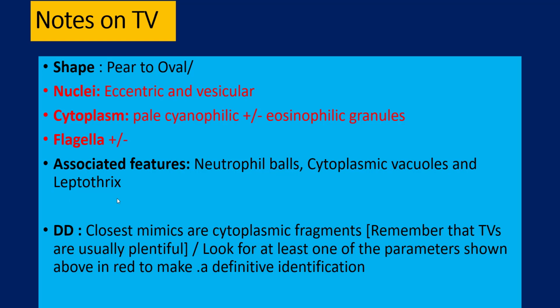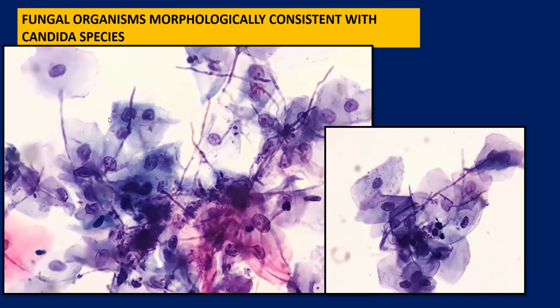As far as the differential diagnosis is concerned, cytoplasmic fragments are the closest, but remember Trichomonas vaginalis are usually plentiful, and one should look for at least one of the parameters shown above in red. So you see eccentric nuclei, eosinophilic granules, or flagella. At least one of them should be present to be able to make a definitive identification of Trichomonas.